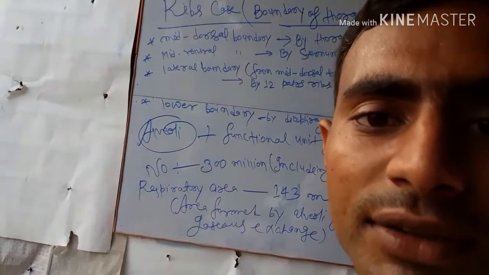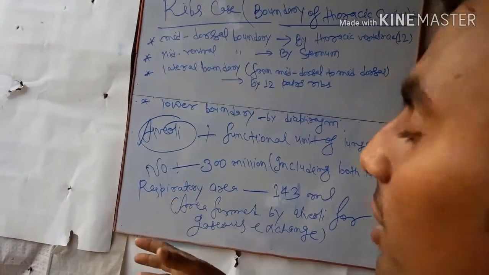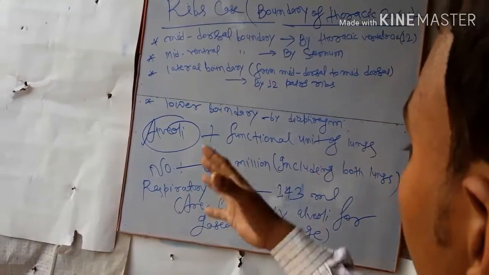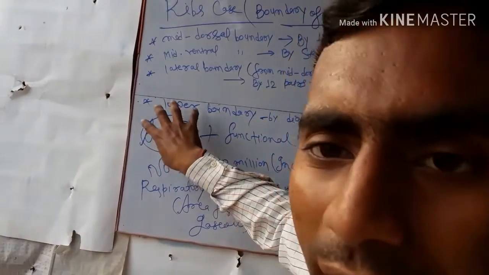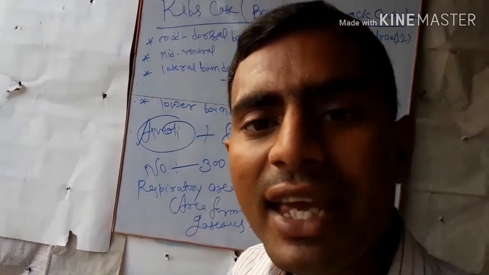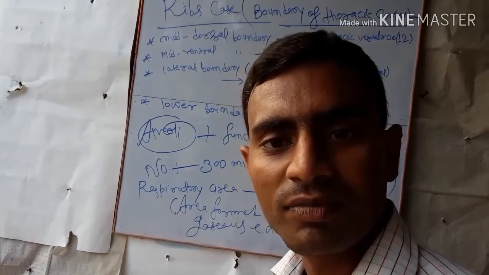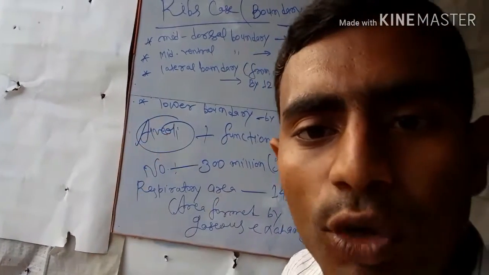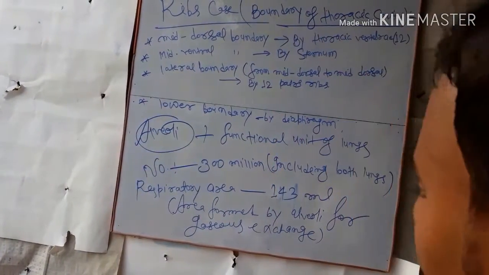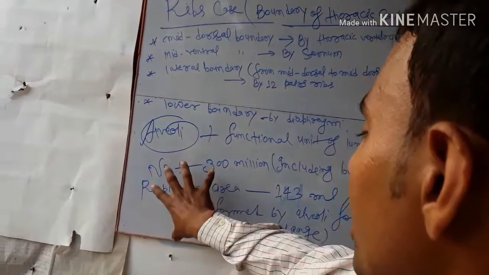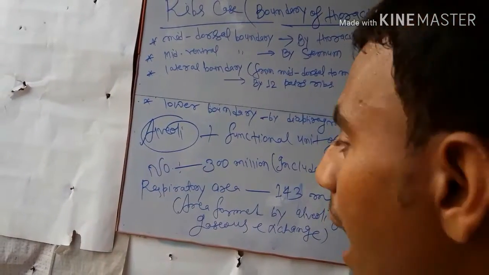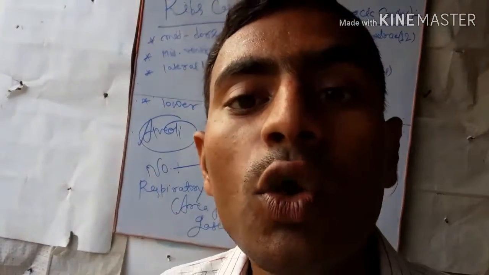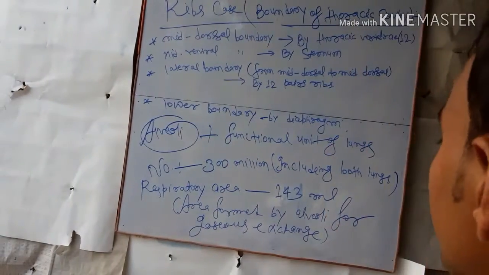Respiratory area. What is the respiratory area? The area formed by alveoli for gas exchange is the respiratory area. And the respiratory area is 143 milliliter.